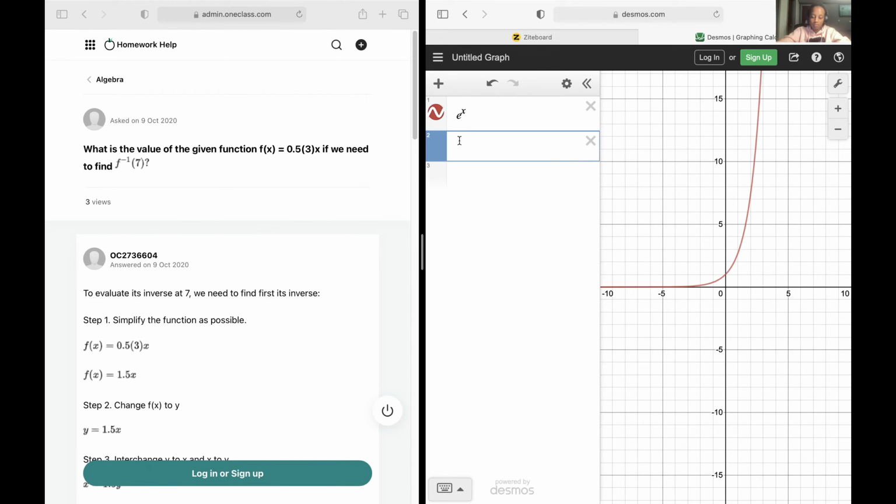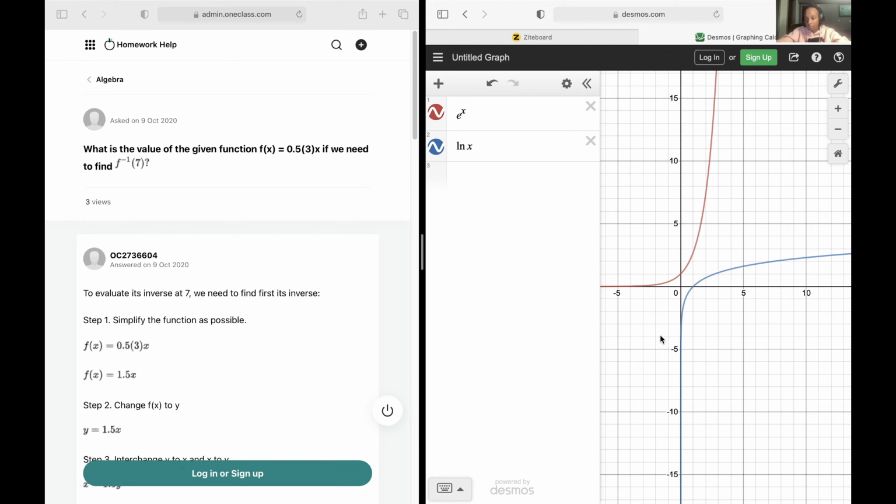Now the inverse of this is going to be ln x. And so we can clearly see that this is just the reflection in the line y is equal to x. So if you just reflect e to the x in this line, it becomes this. And it's practically the same thing as if you decided to switch the orientation in a manner that x becomes the vertical one and y becomes the horizontal one.